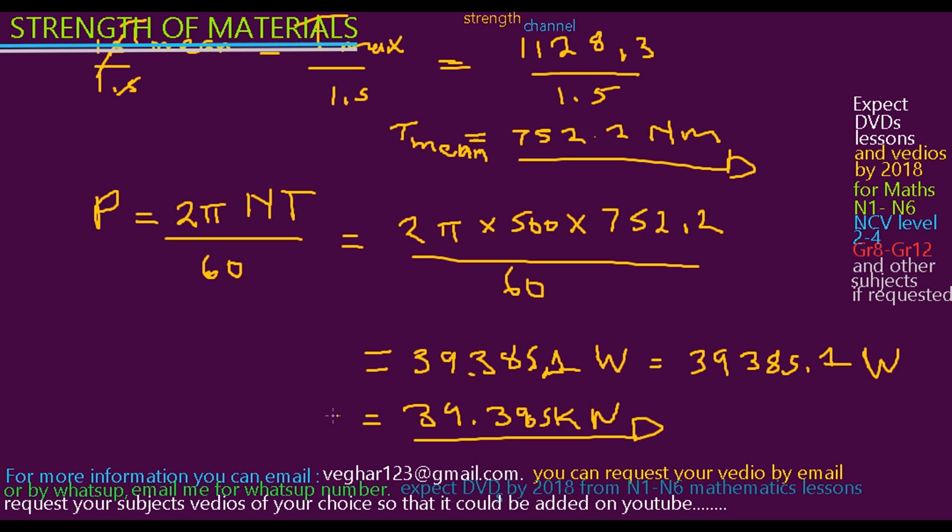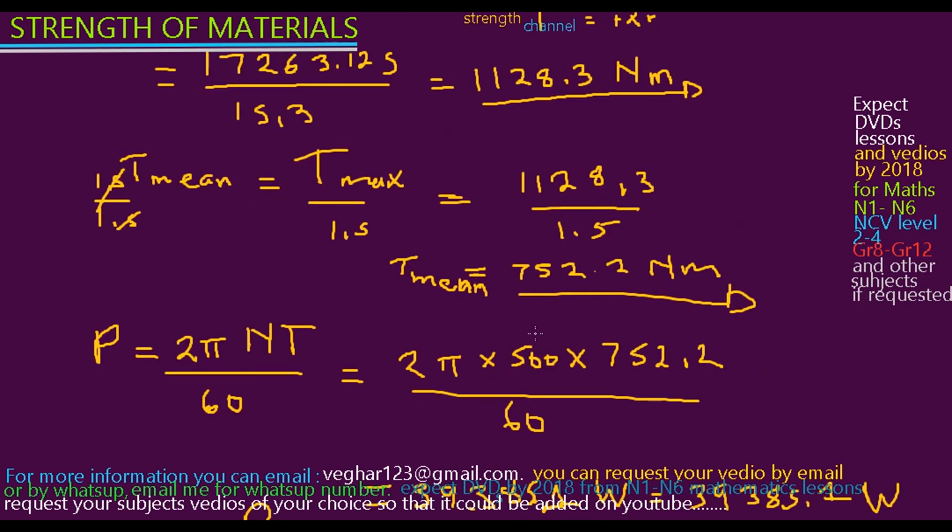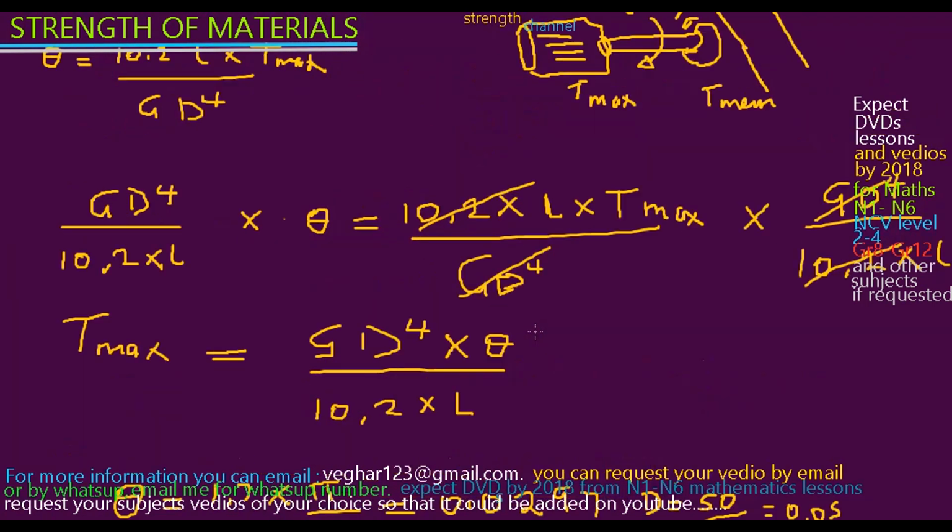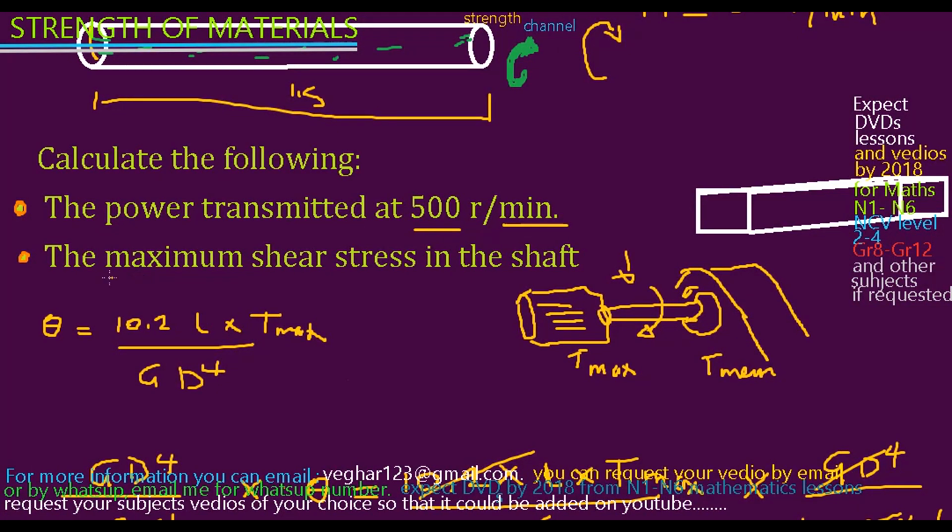So this is the power they were looking for. A transmitted power. They said it's transmitted. Input power, transmitted power. Okay, now they are asking for the maximum shear stress in the shaft.